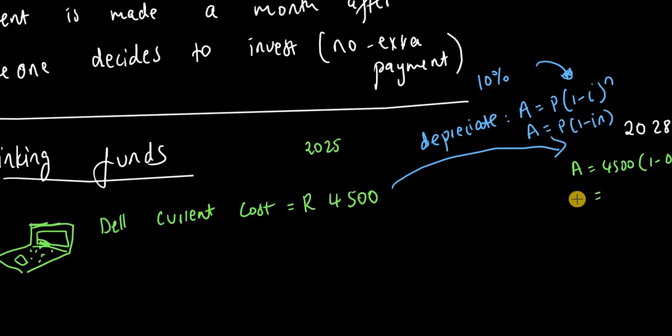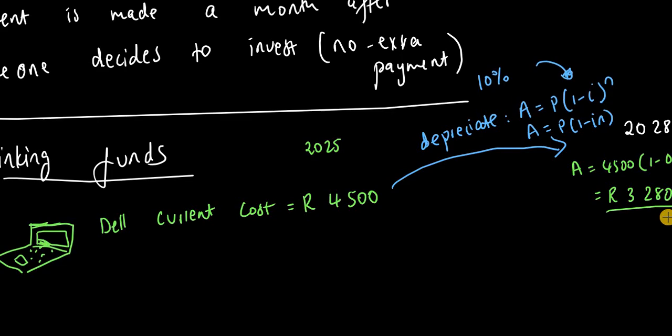So how much is its value now? 4,500, 1 minus 0,1 to the power of 3. Now it's costing 3,280,5.